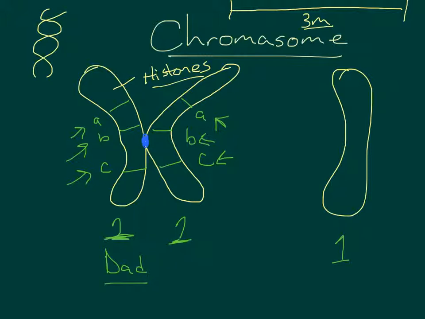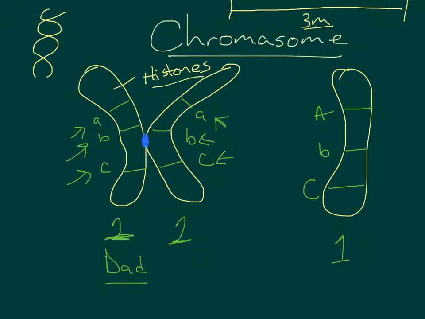Now that DNA is going to be a little different. Maybe Mom has lighter skin color, or maybe Mom has blue eyes, or maybe Mom has green eyes, or whatever. So her gene might be a big A, and maybe she'll have a big B, little b like Dad. But then maybe the C will be big C. Who knows? There are all kinds of different variations, but that might be the one from Mom.